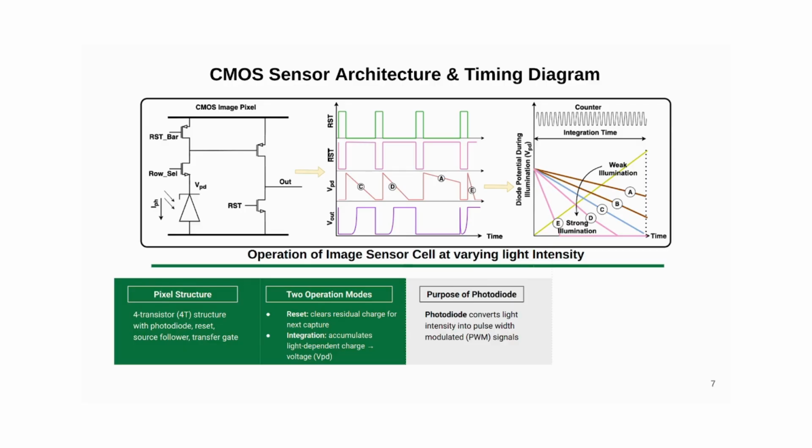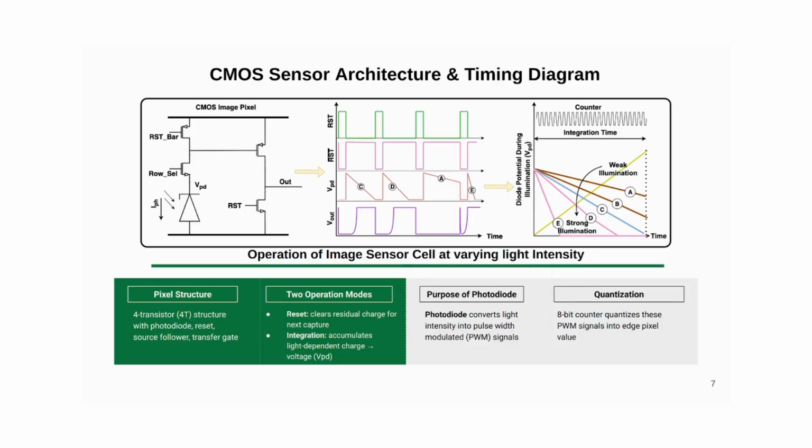Brighter pixels generate wider pulses. This time domain representation allows us to completely avoid ADCs. Instead, we use counters to convert pulse width into digital intensity. In later slides, we will see how we use counters to generate 8-bit quantized values from these PWM signals.